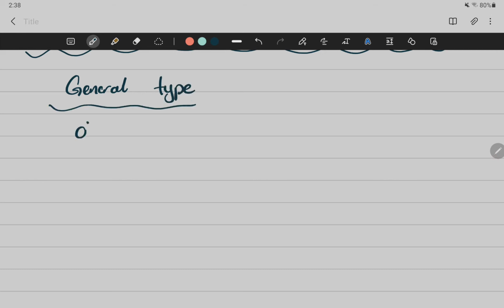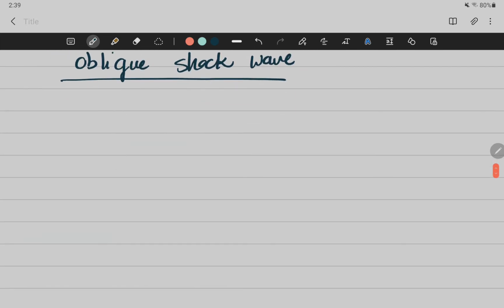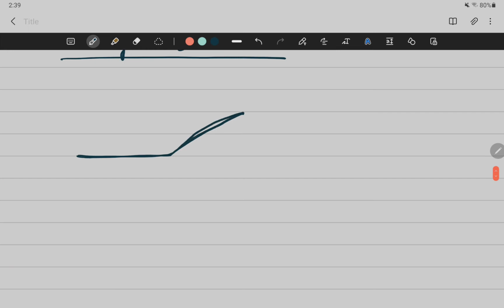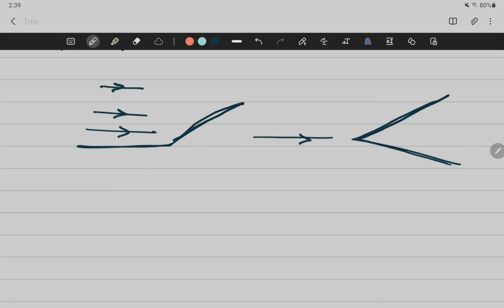This general type is called an oblique shock wave. Let's say we have this type of geometry, or a slender body, right? Doesn't matter exactly. The streamlines are coming this way, and then they will see this object. We are moving in a supersonic flow, so we don't have the time to adjust before this.